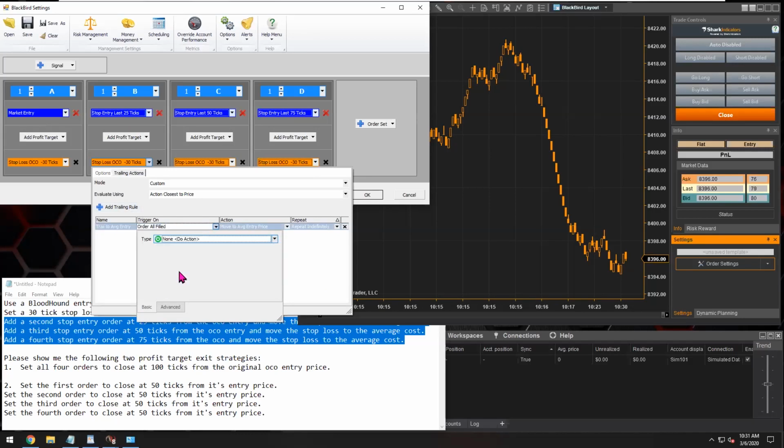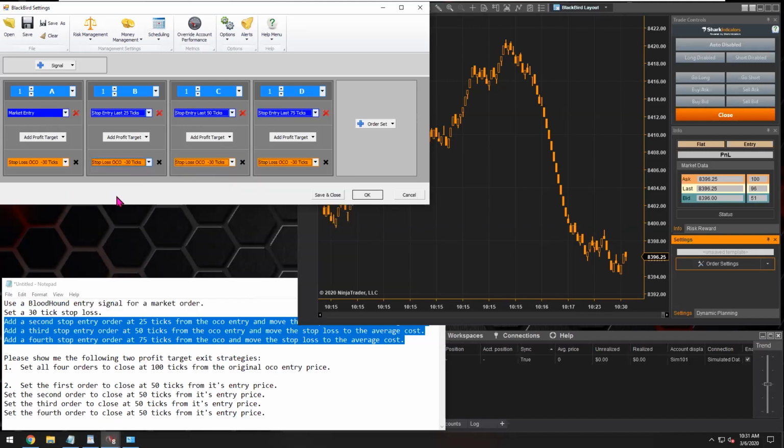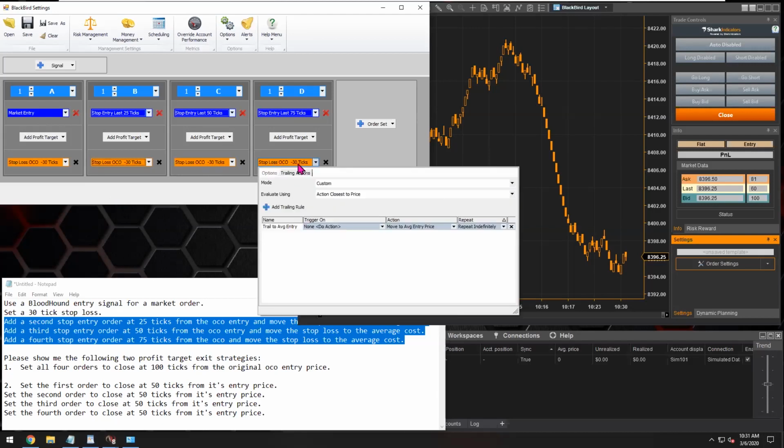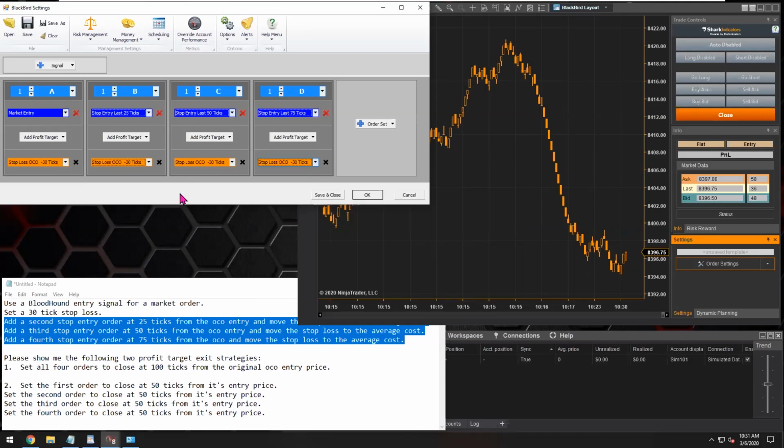So let's set that to none. There. All right. So all of these stop losses, they'll get placed at 30 ticks, and then a split second later, they'll all move to the average entry price. All right. So that's the basis right there.